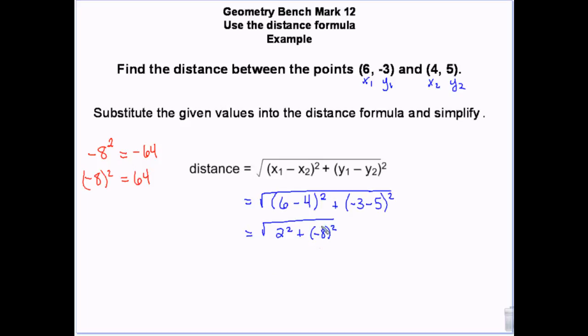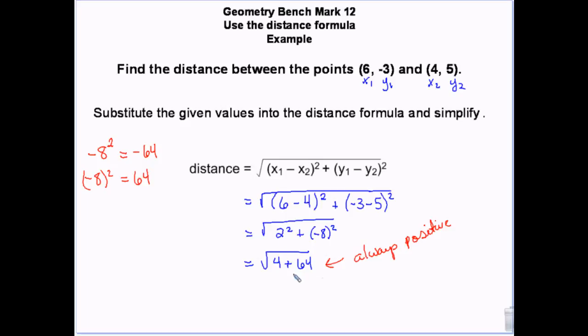So this needs to be inside the parentheses, and when you square it, the other thing to remember is that these numbers that you get after the squaring always have to be positive. So if you forget to put the negative 8 in parentheses and you write down negative 64, remember that they're always positive at this point.